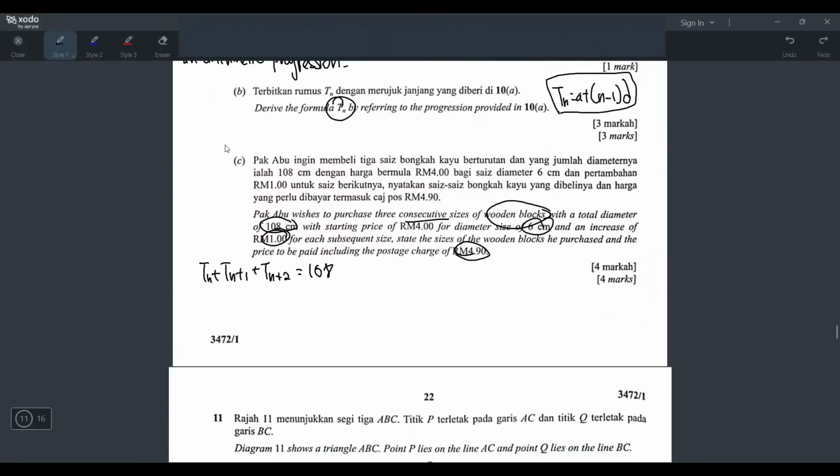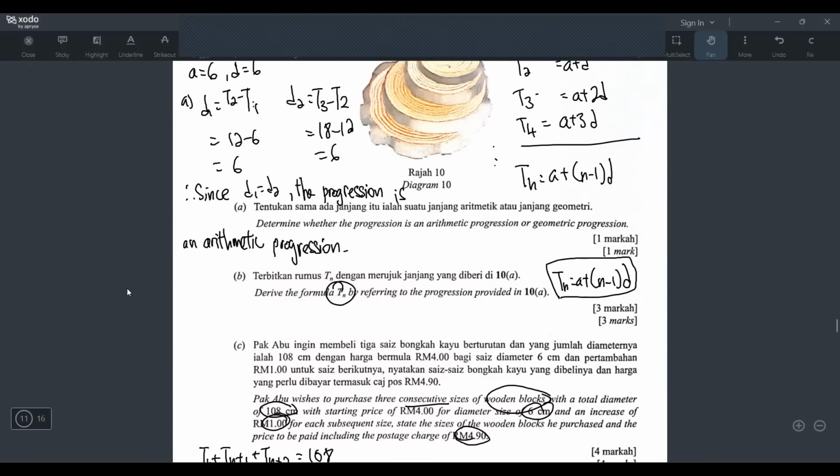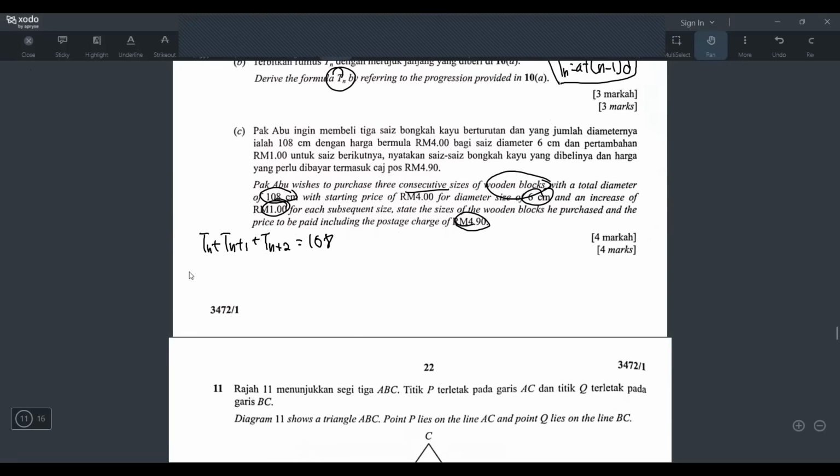So I'm going to use the Tn formula, a plus (n minus 1)d. I have the a already. The a is 6, the d is 6, so it will be a plus 5d, because 6 minus 1. Wait, no, it's not a plus 5d.